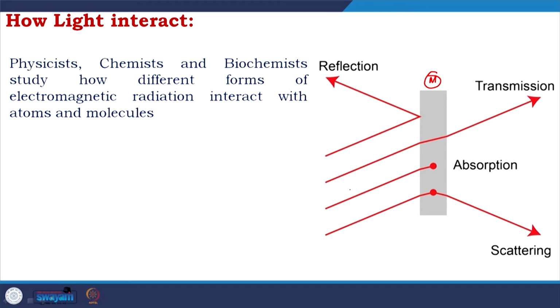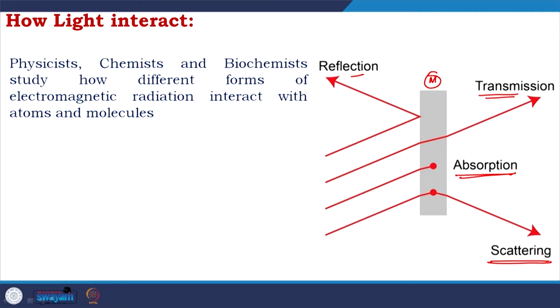If it is reflected, it is called reflection. If it goes through, it is called transmission. If it is absorbed by the matter, it is called absorption. If it is scattered, it is called scattering. So, interaction of the electromagnetic wave with the matter is not one dimensional. There are many forms of the interaction, many effects of the interaction.